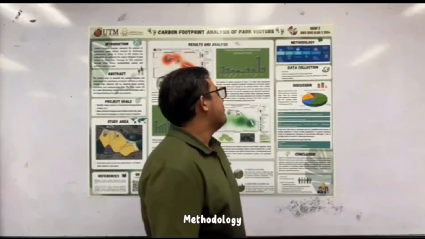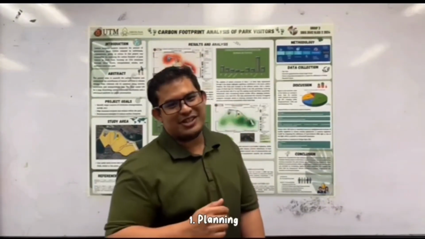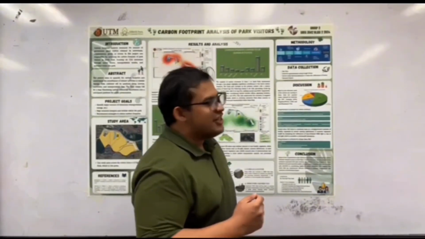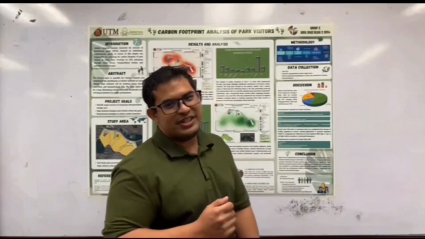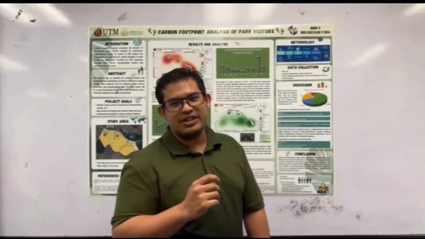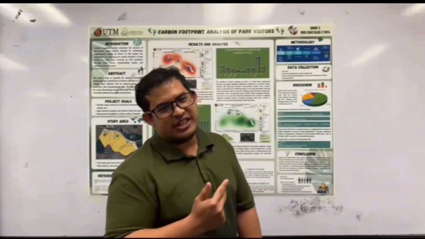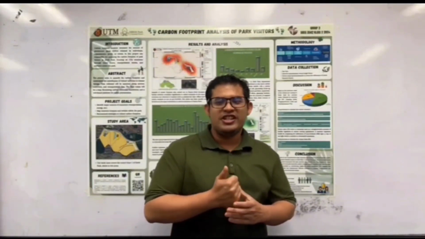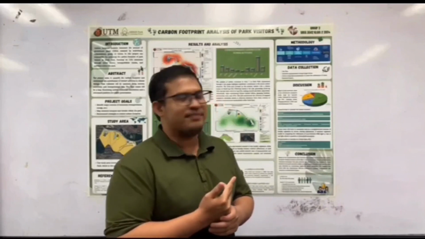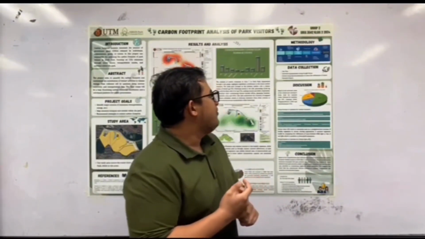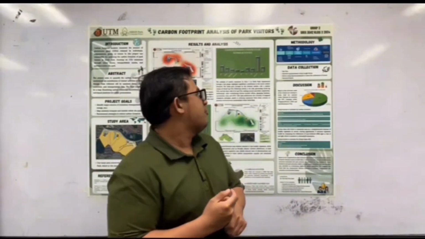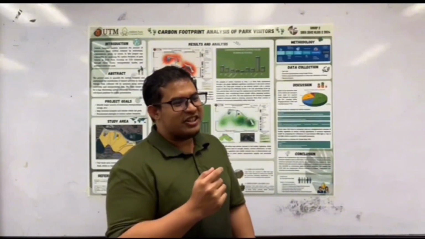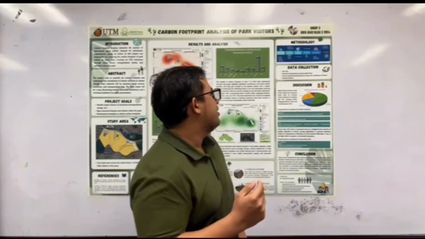Okay, for the methodology, the first phase is planning, where we have a session with SIREH Park. The second is data acquisition. We make a site visit at SIREH Park and interview visitors there. The third is a literature review to find information about electricity, vehicles and farm. After the site visit, we make a calculation for all the electricity, vehicles and also farm.